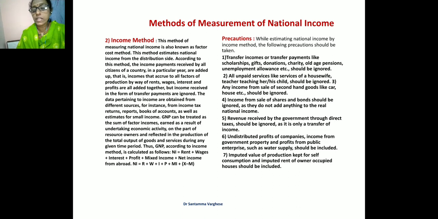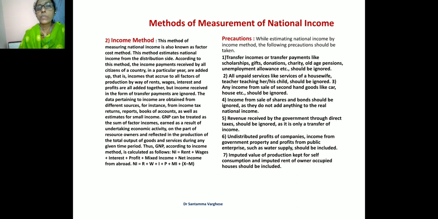Revenue received by the government through direct taxes should be ignored as it is a transfer income. Undistributed profits of companies, income from government property and profit from public enterprise such as water supply should be included. Imputed values of production kept for self-consumption and imputed rent of the owner-occupied house should be included.